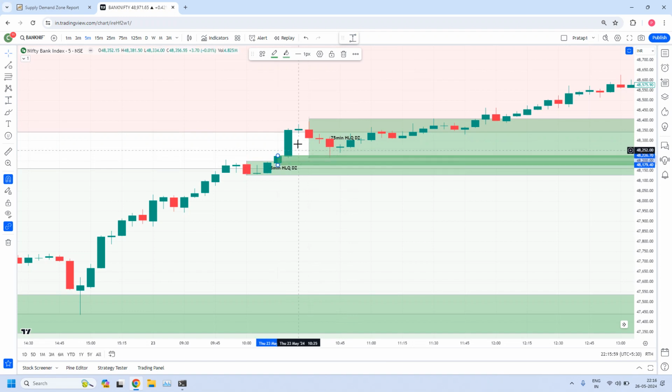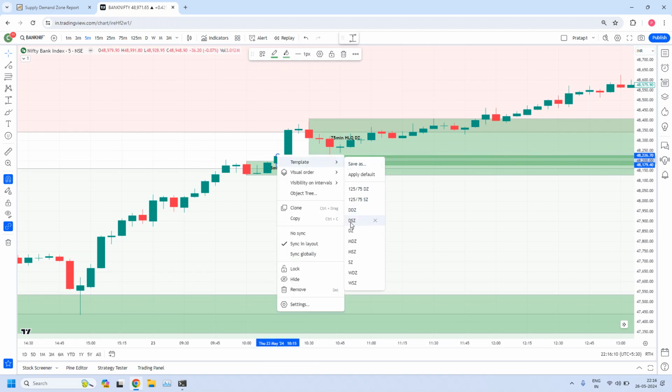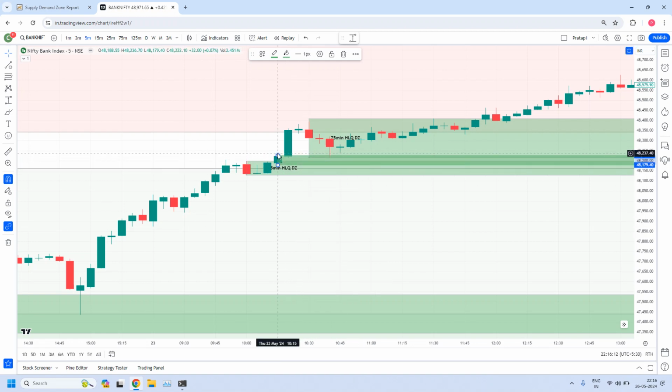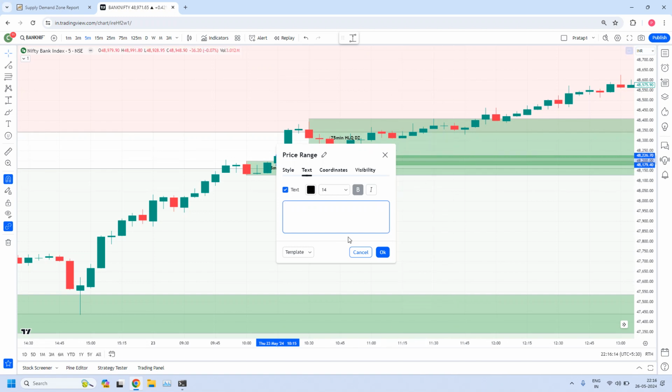From this 15-minute zone, from this 5-minute zone, orders are picked up and this 75 minutes high liquidity demand zone was created. That's why it has a strong order flow. This is a 5 minutes high liquidity demand zone.